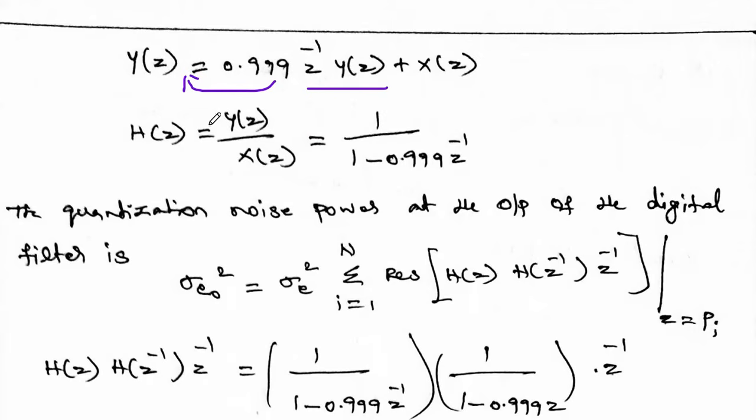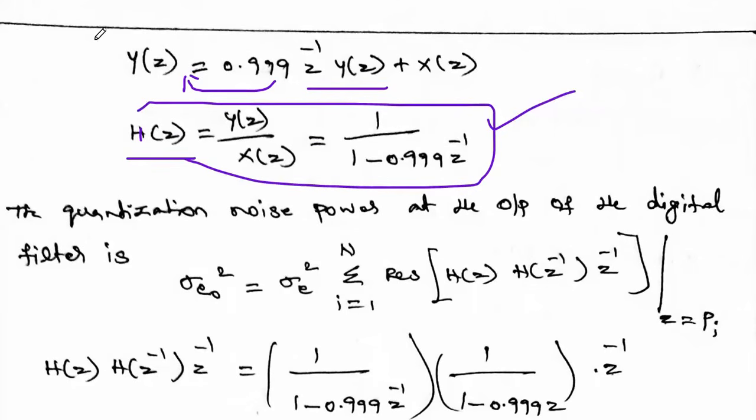So from that, Y of z divided by X of z, the ratio of the output of that system divided by the input of the system, can be written as the system function capital H of z. So the capital H of z is equal to 1 by 1 minus 0.999 z inverse. Okay, so the system function is calculated.